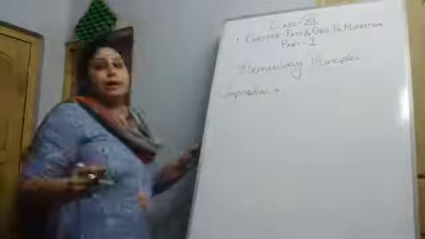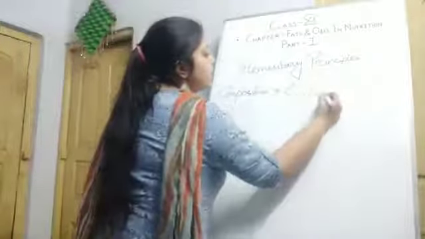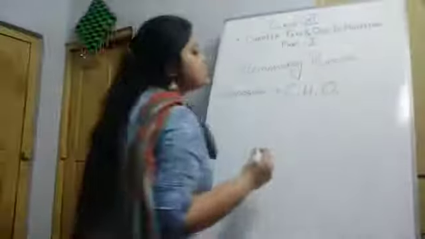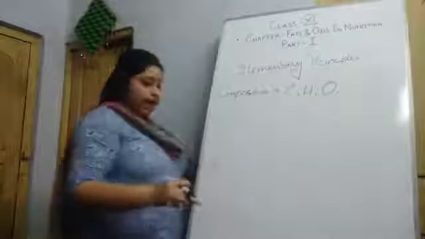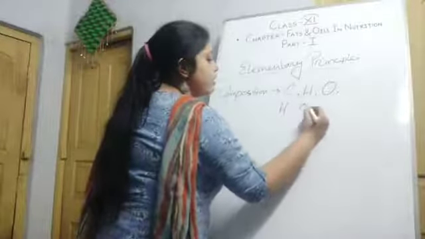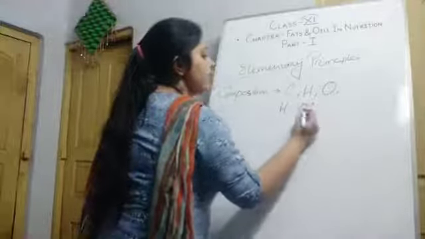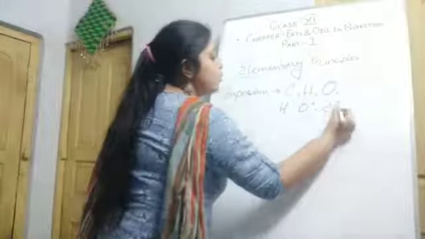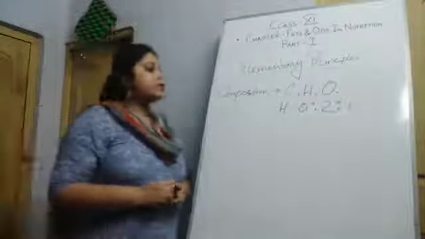Fat is mainly composed of carbon, hydrogen and oxygen. So it's a compound made of carbon, hydrogen and oxygen, where the hydrogen and oxygen ratio is 2:1.